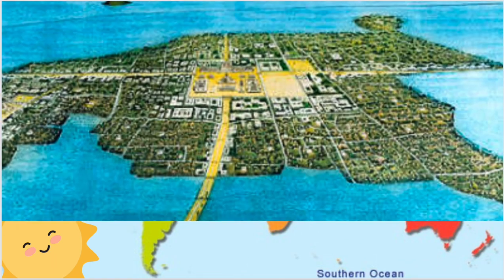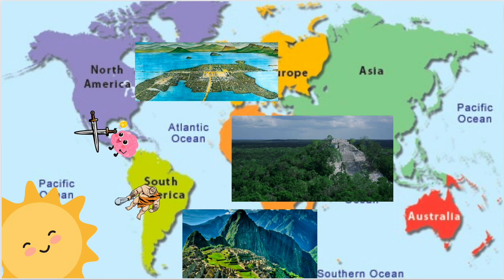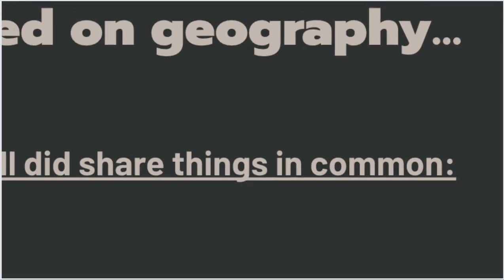And all 3 of these civilizations would actually demonstrate an ability to adapt to their environments. Mayan rainforests, the Aztec swamps, the Inca mountains, they all had to learn how to move, to adapt, to change, learn new ways of farming, how to work their land, in order to thrive as a civilization.